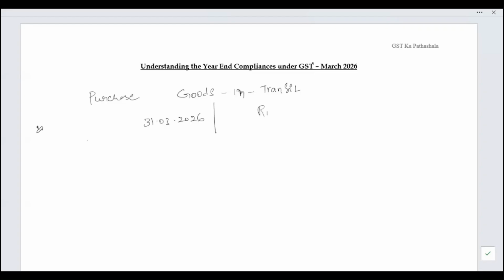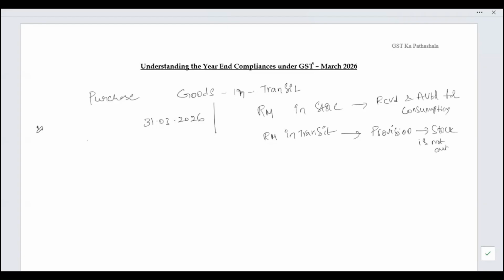I have raw material in store, and I have raw material in transit. Raw material in store means received and available for consumption. For raw material in transit, only a provision is made. Stock is not available.